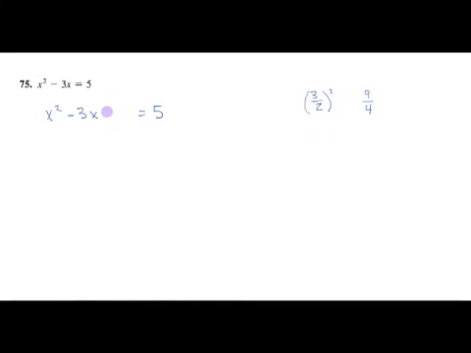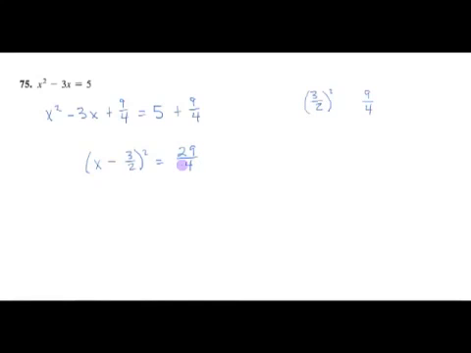So I'm adding 9/4 to the left side, and I also have to add it to the right side. So for my left side, I have an x minus 3 halves, quantity squared is how that would factor. And on the right, I have 5 plus 9/4, which is 29/4.